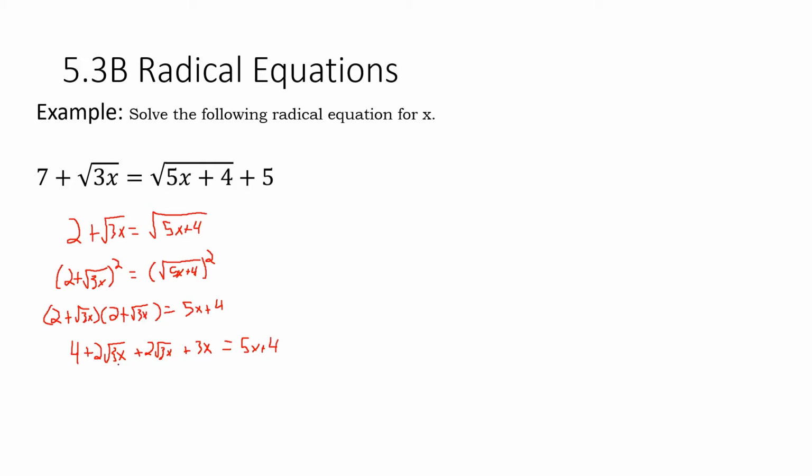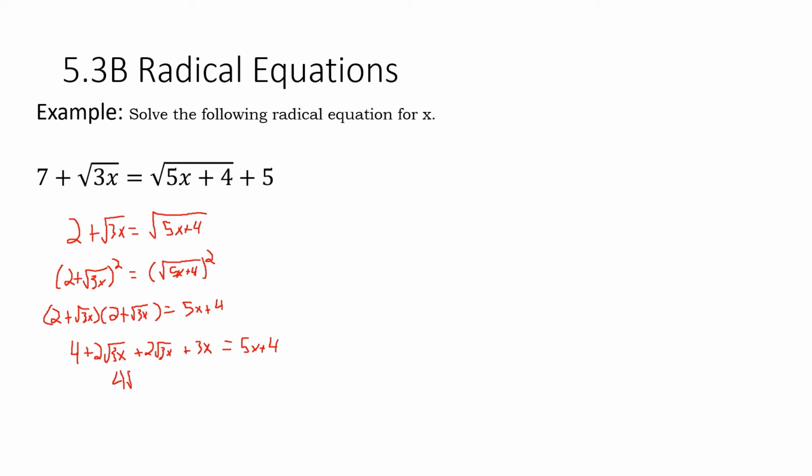Okay, let's combine together some things, and in one step, we're going to keep our radicals together here, but this 4 and this 3x, let's combine it over into the other side. So let's subtract 4 from both sides, and the 4 and the 4 are going to cancel with each other, and we're going to move the 3x. Let's just do one step at a time. Let's bring the 4 over. It's going to cancel out, and we're also going to combine together these two.